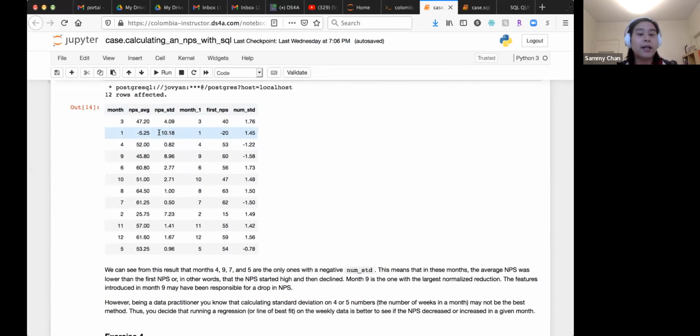That's why we shouldn't care too much about the fluctuations if the standard deviation is big. But in the other case, let's see if we can find a month.